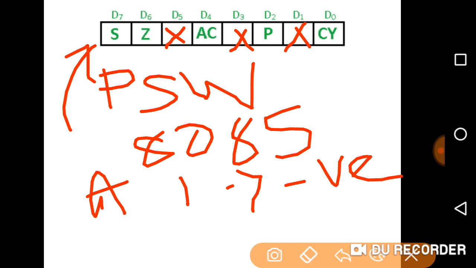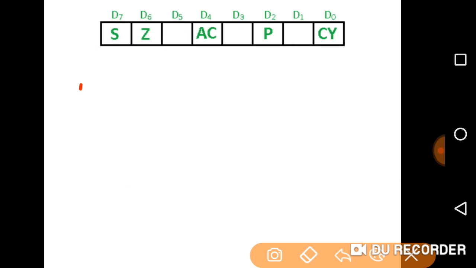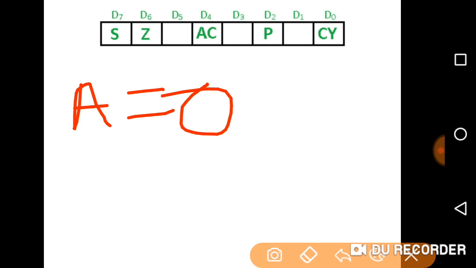If the content is positive, the sign bit will be 0 or reset. Now see the zero bit. If the content of the accumulator is 0, this zero bit will be set as 1. If it is non-zero, this bit will be reset, meaning 0.